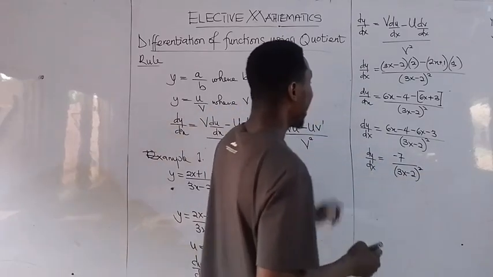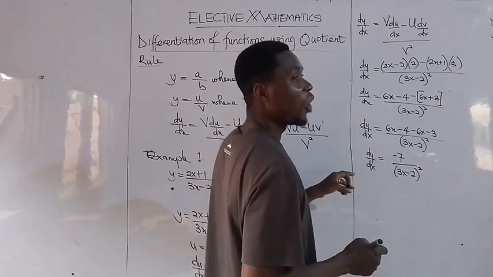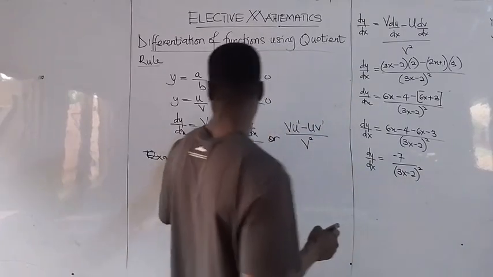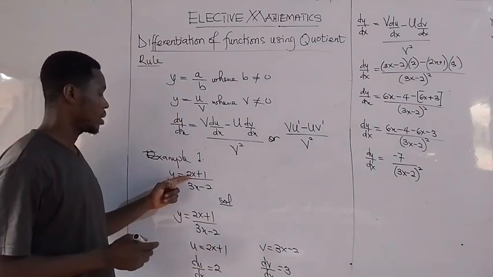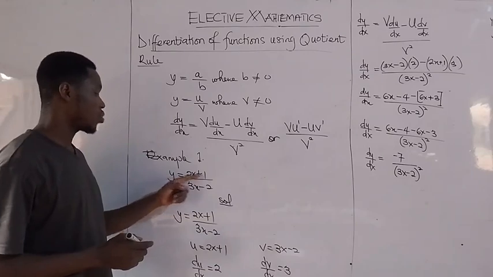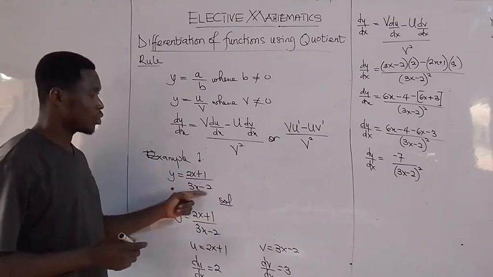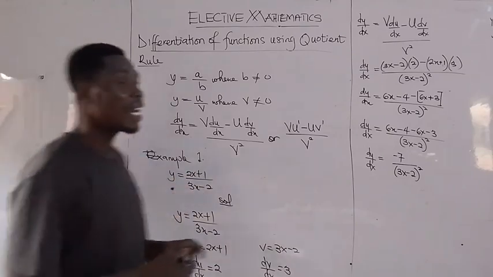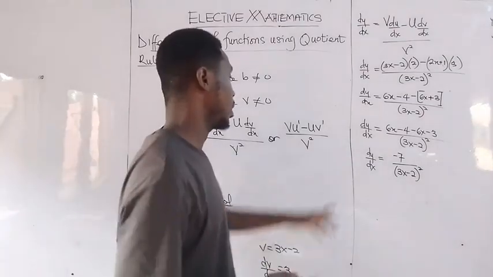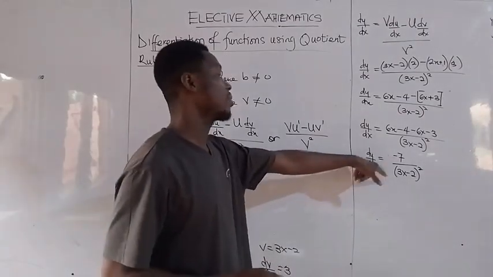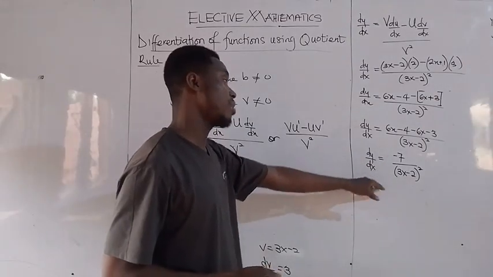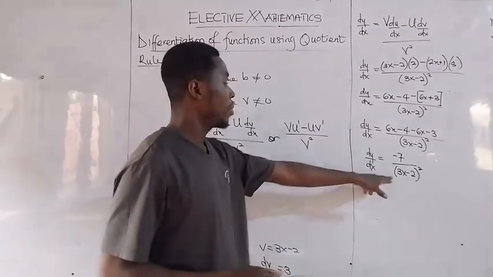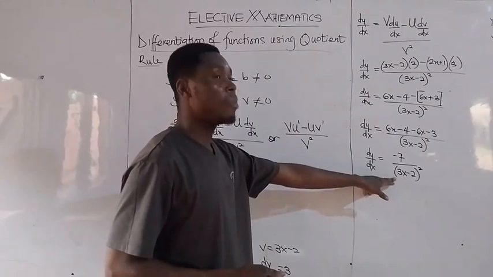So when you want to differentiate this function, which is y is equal to 2x plus 1 all over 3x minus 2, this is the final answer you will be getting. dy dx is equal to negative 7 all over 3x minus 2 all squared.